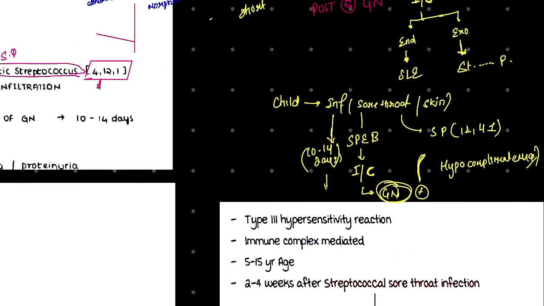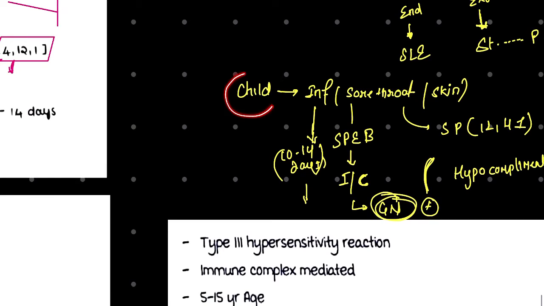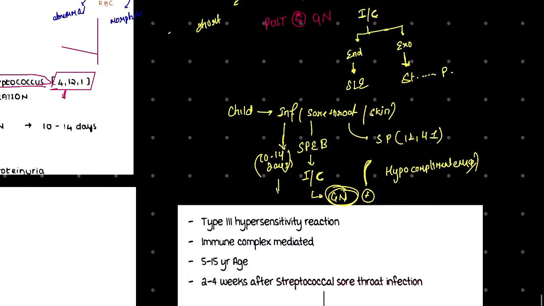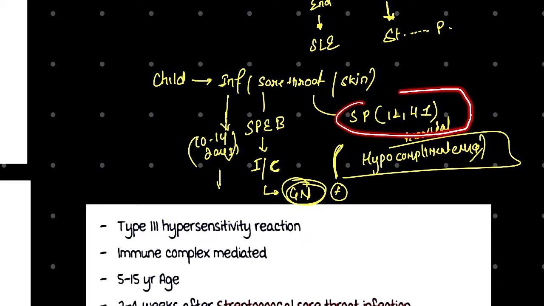So the thing we need to remember is that it occurs mainly in the pediatric age group, and about 10 to 14 days after infection there will be glomerulonephritis, with transient hypocomplementemia, and the strains of Streptococcus pyogenes involved are 12, 4 and 1.